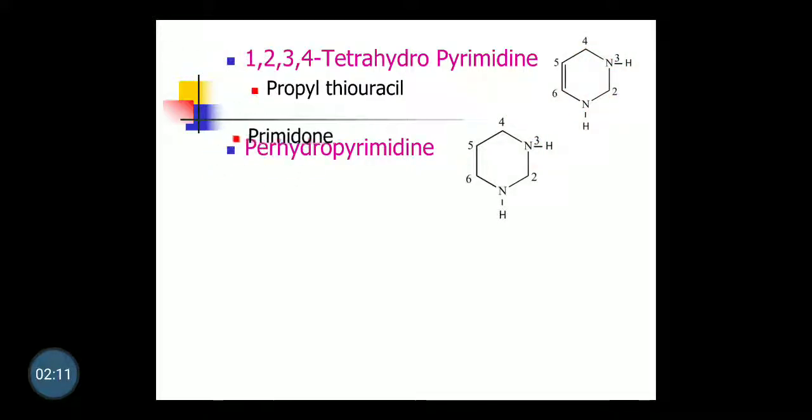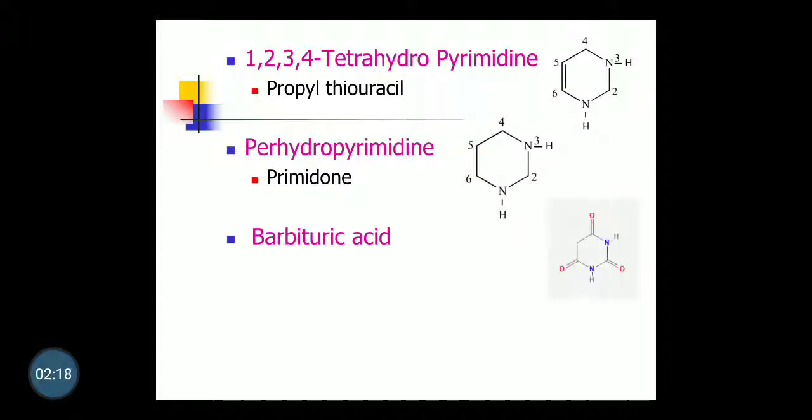Okay, next example is a pyrimidone, the example which has the perhydropyrimidine ring. Next, barbituric acid. This is actually the drug as well as a heterocyclic ring. So what we are going to do, we are adding 3 oxo groups. In case we are talking about barbituric acid, it is derived from perhydropyrimidine. Perhydropyrimidine is derived from pyrimidine by removing 3 double bonds.